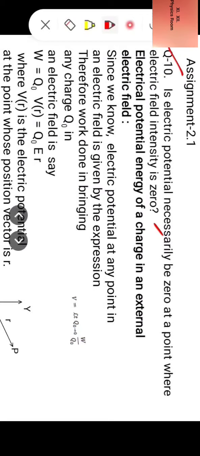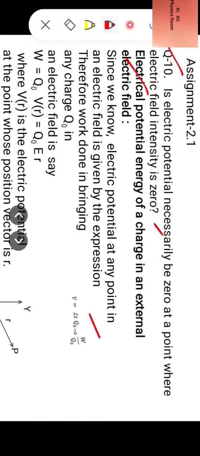Now let us understand electrical potential energy of a charge in an external electric field. Since we know electric potential at any point in an electric field is given by the expression V is equal to W by Q naught, where Q naught approaches 0.